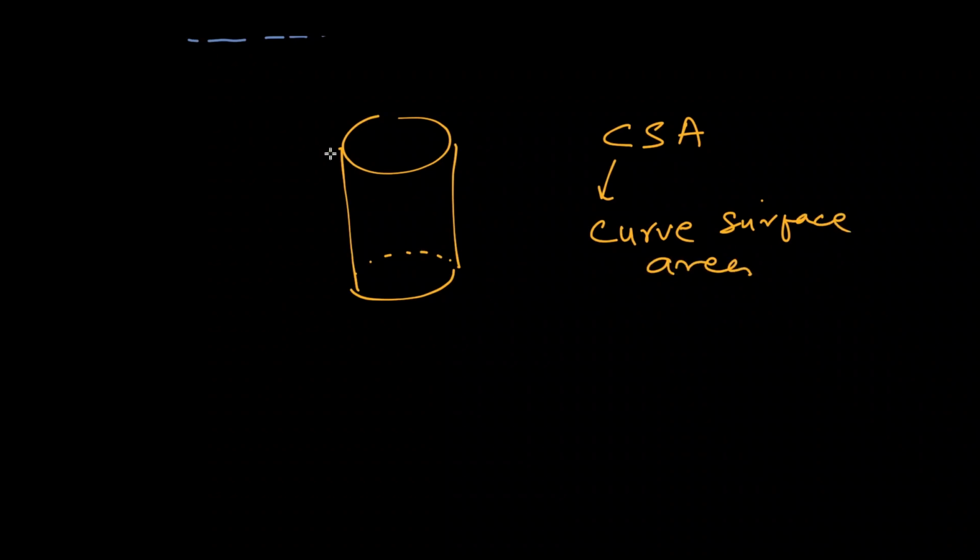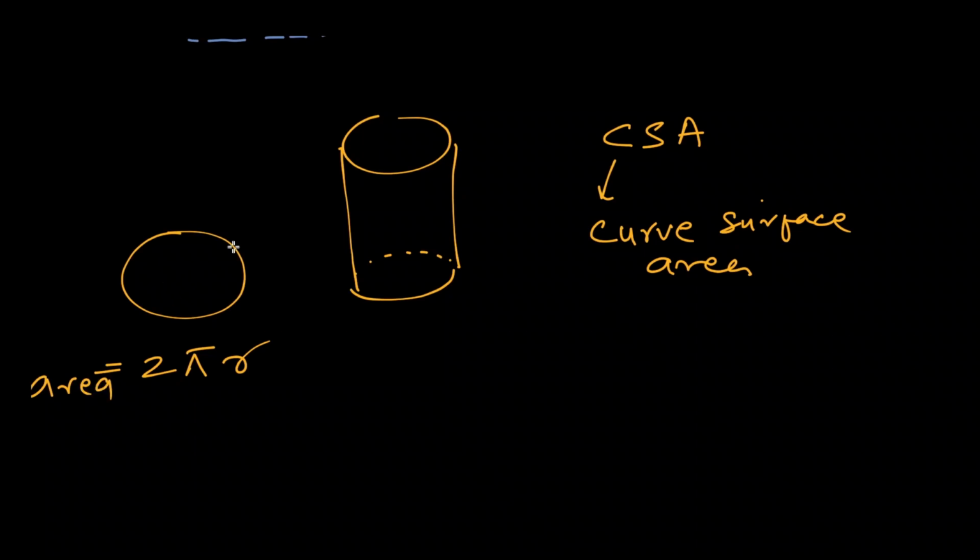First, we are going to find the curved surface area. This is called curved because it is in the shape of a circle. What is the area covered on this shape, which is in the form of a cylinder? Let's consider first the circle, whose area is 2 pi r.